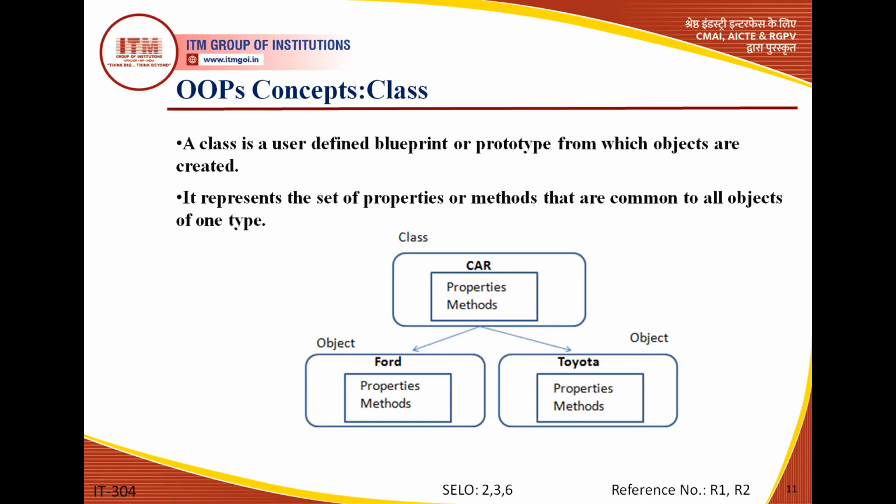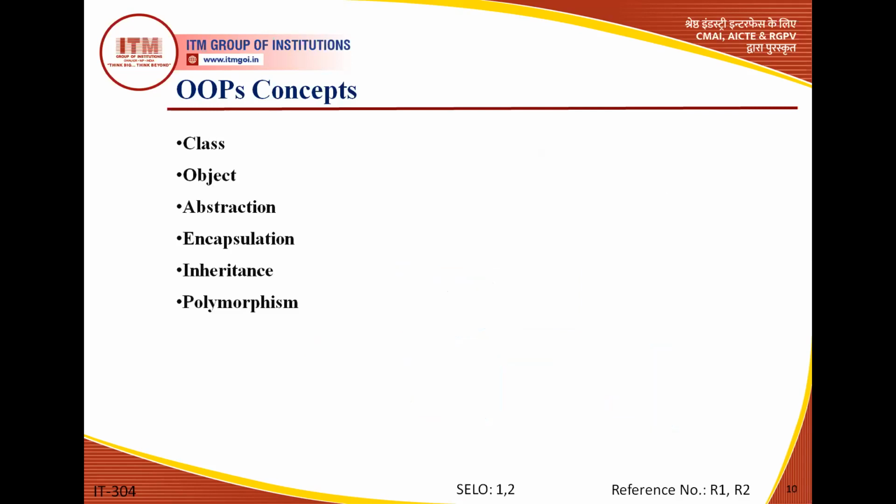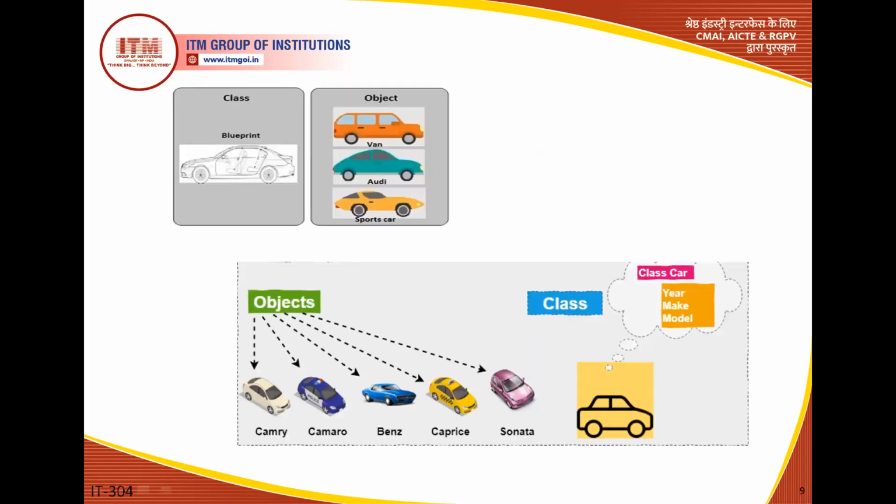And here we can say that a class is a user defined blueprint or prototype from which objects are created, and it represents the set of properties or methods that are common to all objects of one type, like which you have seen in the previous example.